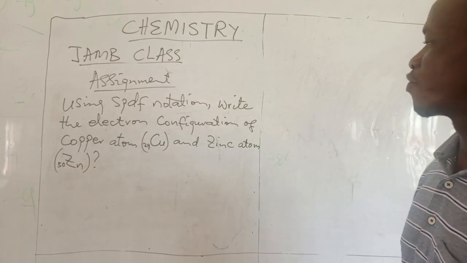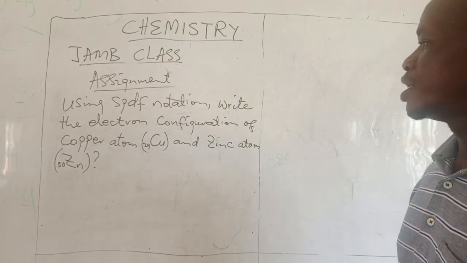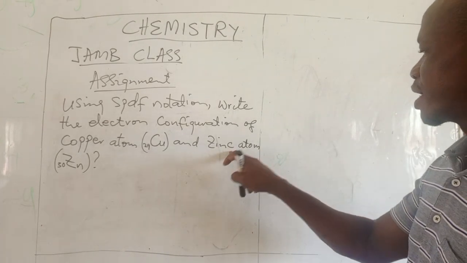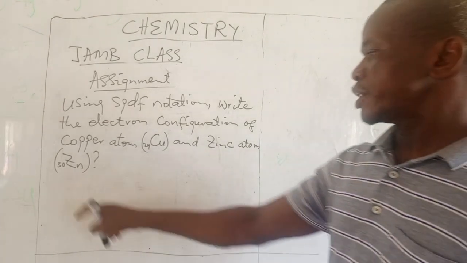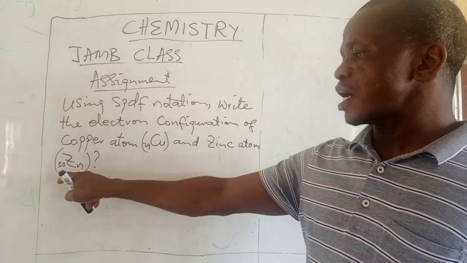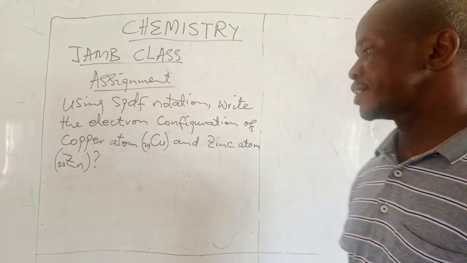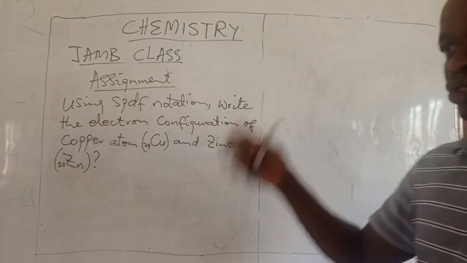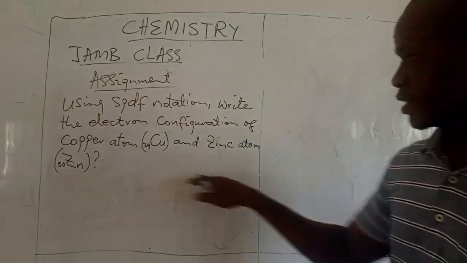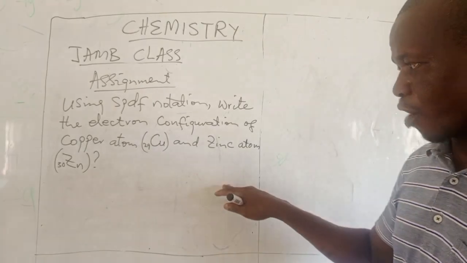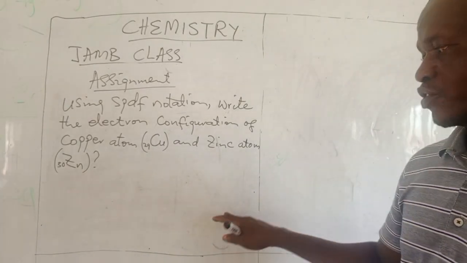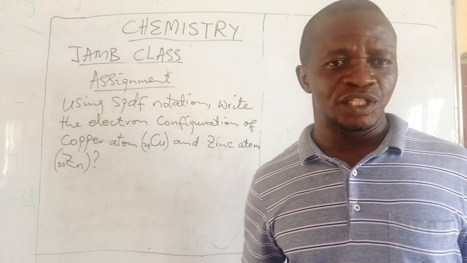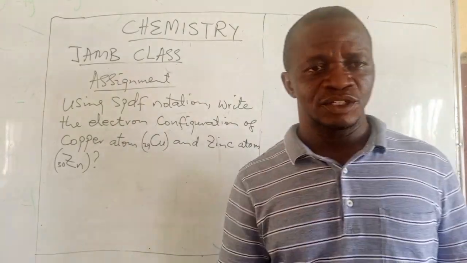The atomic number of copper is 29, and the atomic number of zinc is 30. Just use the same method that I just finished using to write that of copper and write that of zinc. That's what I want to see. Then drop it in the comment section.